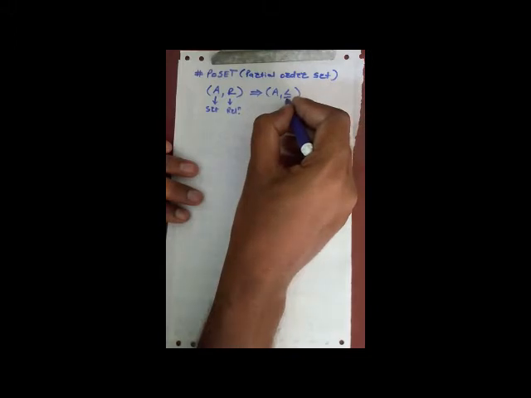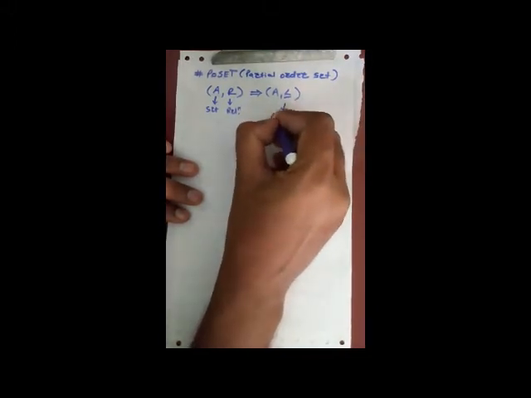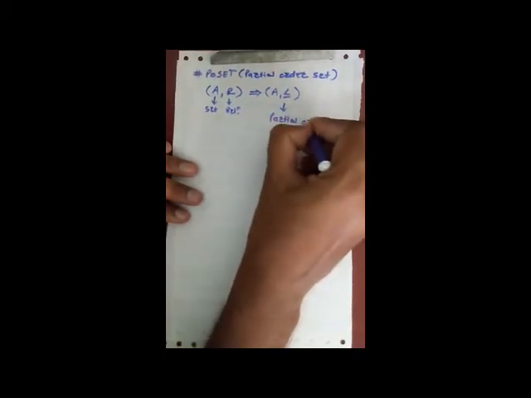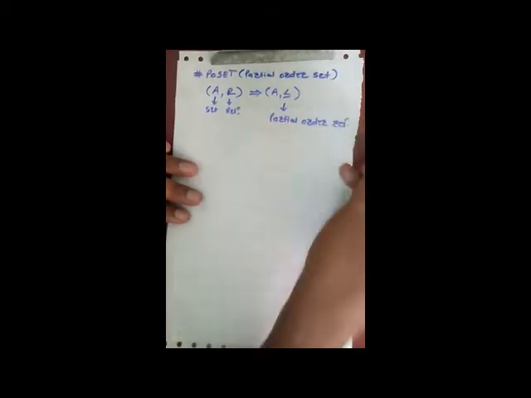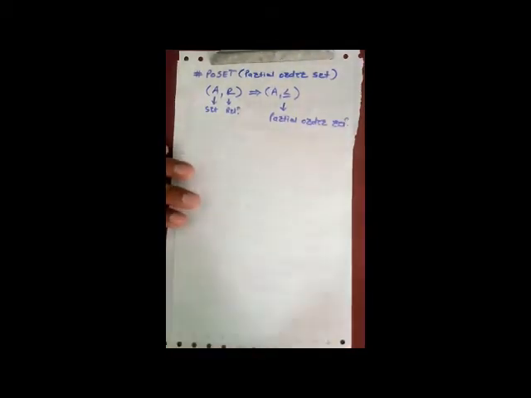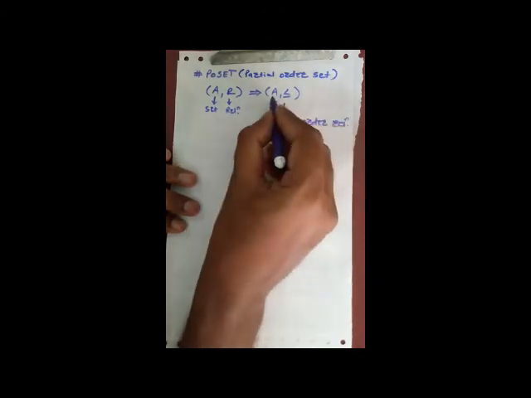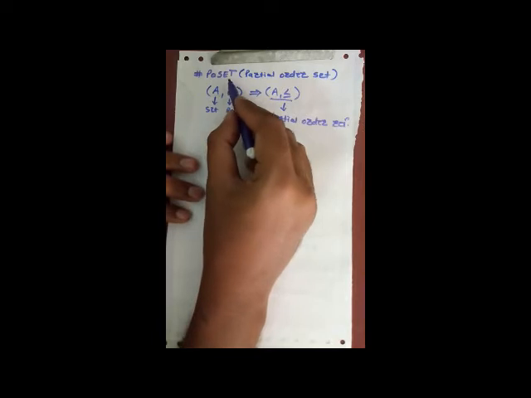This relation is nothing but a partially ordered relation. So we can say that a partial order relation with a set is called a POSET, right?